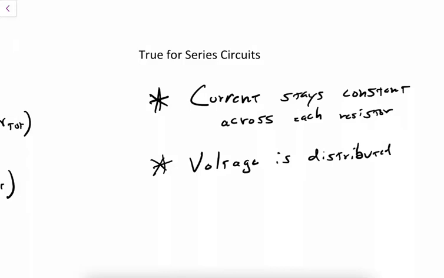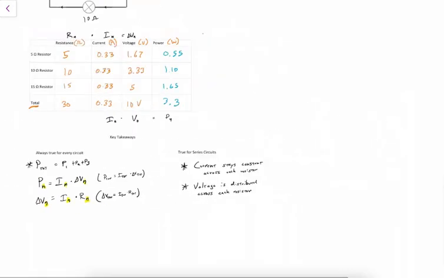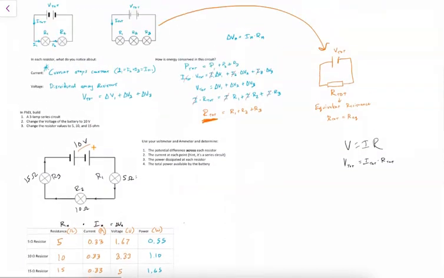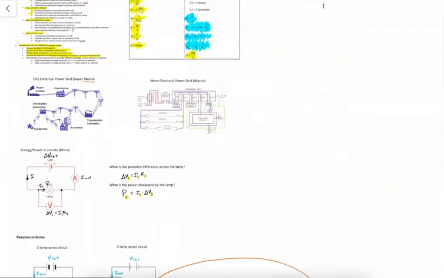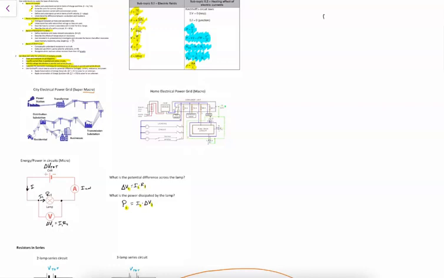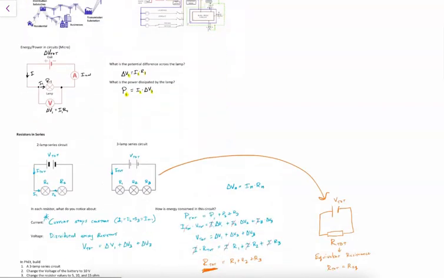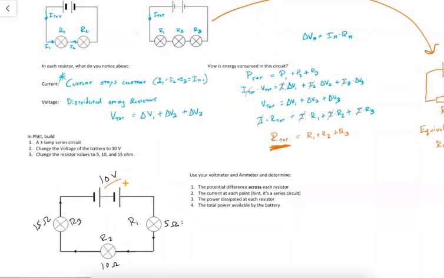So it's not constant across each resistor. All right, so that sums up a series circuit. It's really important to know those key takeaways. That's always true. We're going to revisit those, and then the key takeaways that are specific to a series circuit.